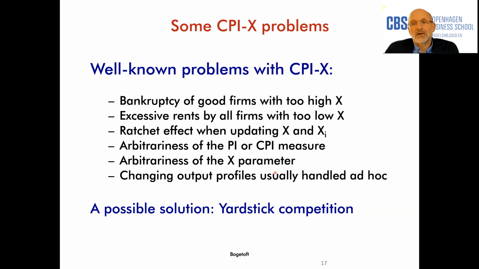In addition, the picture I showed you was in real terms, but in reality, you have to correct for inflation, and it's not obvious exactly which price index to use. It could be a consumer price index, but that also comes with a problem, because then X is not really the frontier shift. It's the question of how much faster the frontier and the regulated industry move compared to a normal competitive industry.